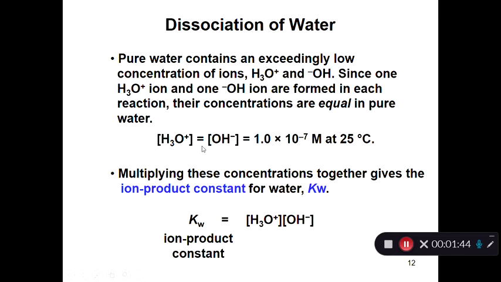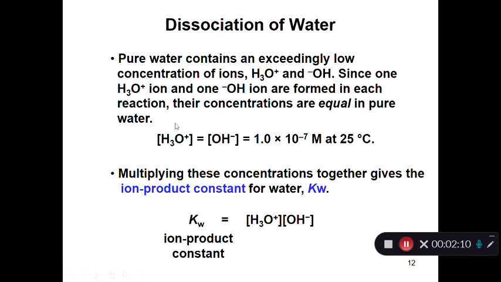They said that at 25 degrees Celsius, if we measure the hydronium ion concentration, it is going to be the same as the hydroxide ion concentration: 1.0 times 10 to negative 7 molar. If I use a formula in brackets, it means the concentration of that formula.